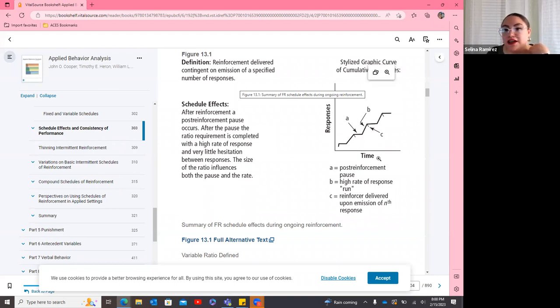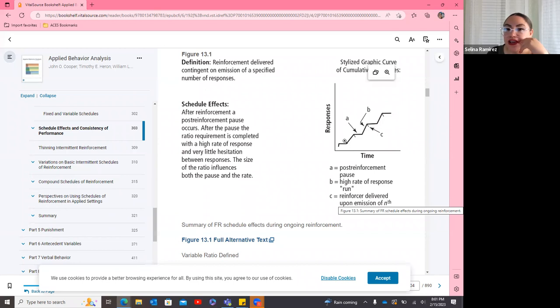So in this graph, they're showing us the post-reinforcement pause is A. So every time it's flat, that's going to be our post-reinforcement pause. B is the run, the high rate of response. And C is where the reinforcement is delivered.